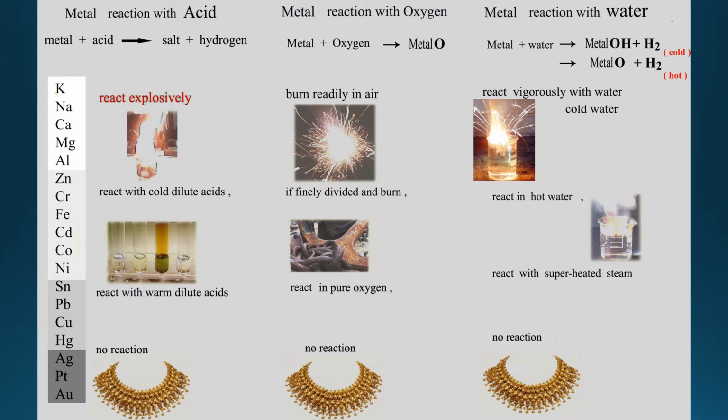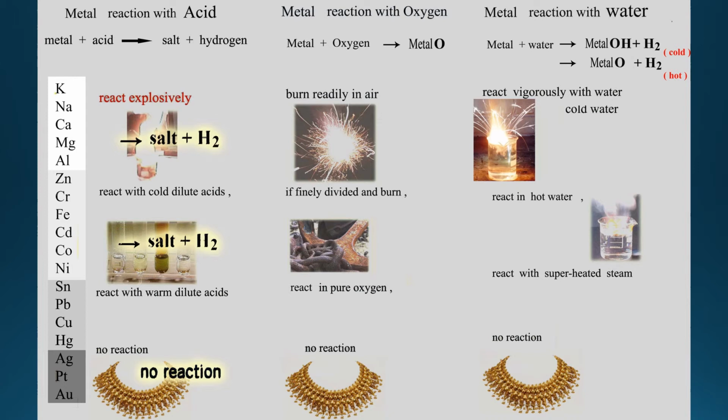So, on the first group, if they react, it doesn't matter which metal with which acid, the formula will be the same. They all form some type of salt and hydrogen gas, unless they are in the bottom group, no reaction.